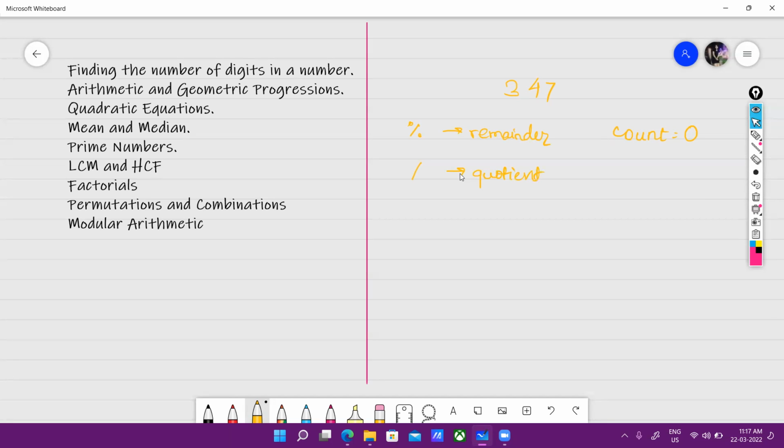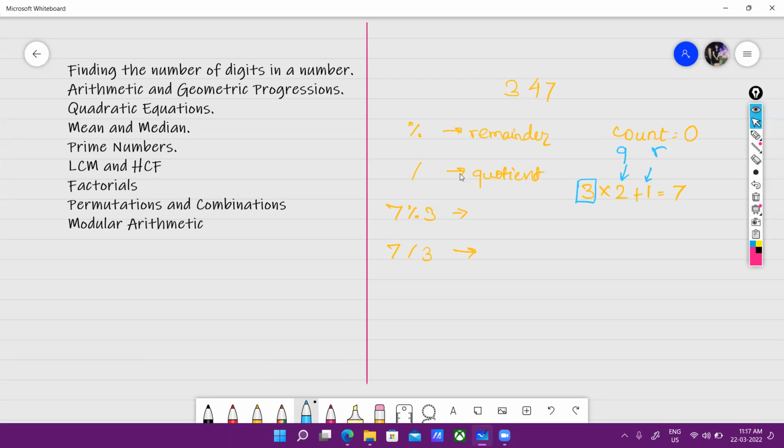For example, if I'm doing 7 modulo 3 and 7 divided by 3, what would the answers be? We know 3 into 2 plus 1 equals 7. Here 3 is the divisor, 2 is the quotient, and 1 is the remainder.